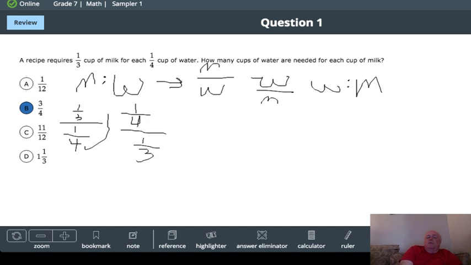So if you notice, we have a fraction divided by a fraction. So we can write that out longhand, which is a quarter divided by a third. And if you remember the rule, if you have division by a fraction, it's the same as multiplication by its reciprocal.